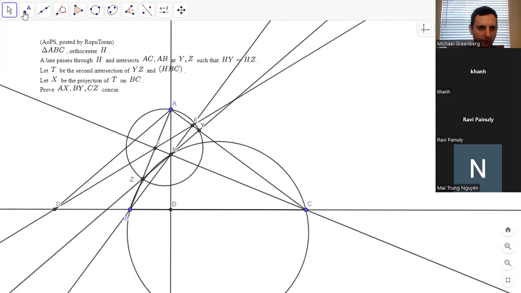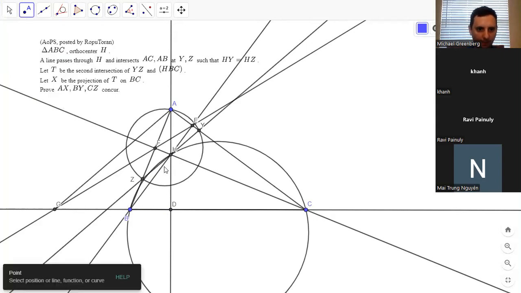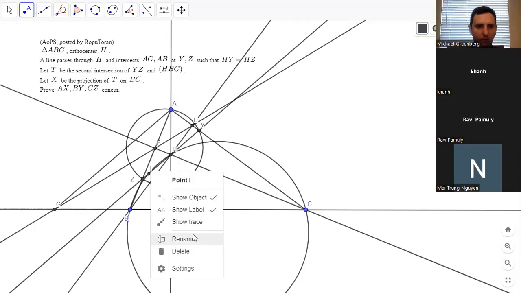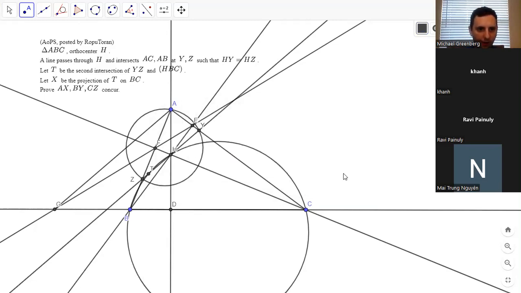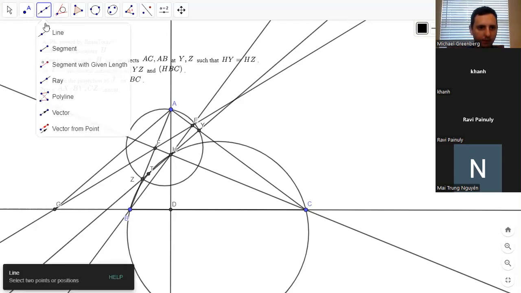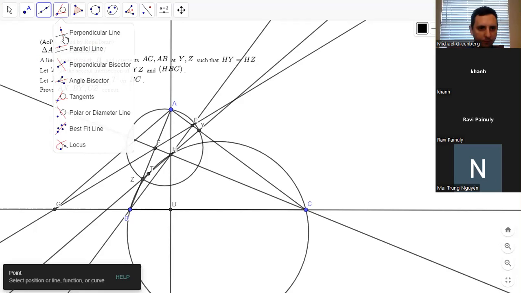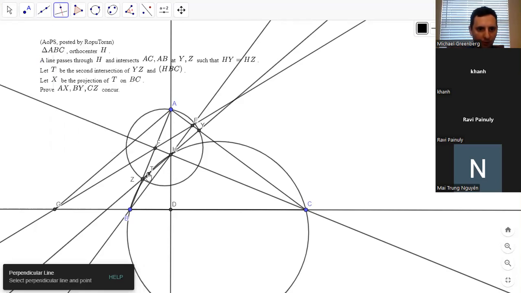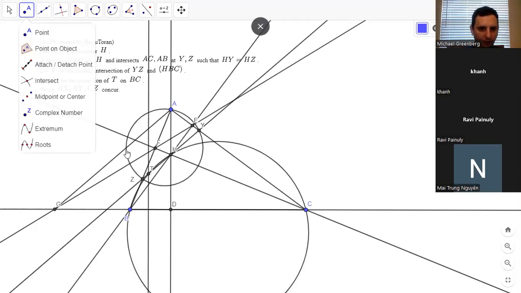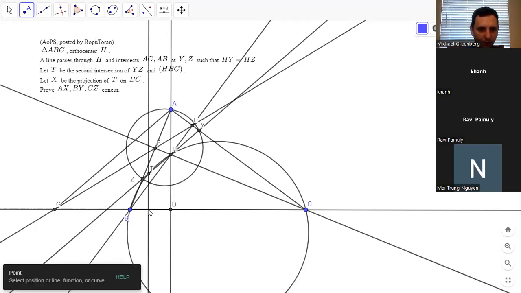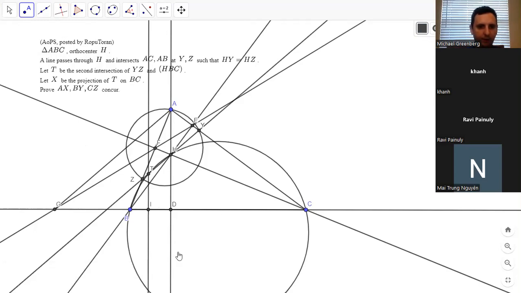And that point is T. And then we draw the perpendicular from T to BC. And we want to show that AX, BY, and CZ concur. So I don't know if we can use Ceva here.